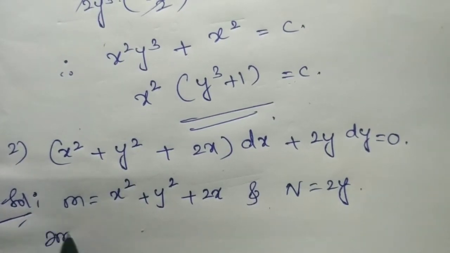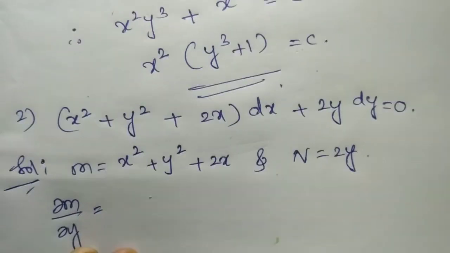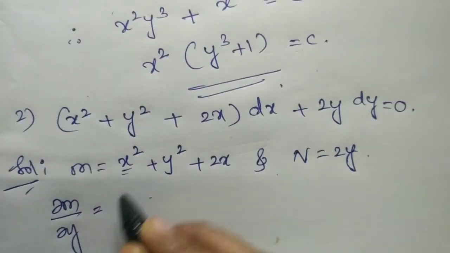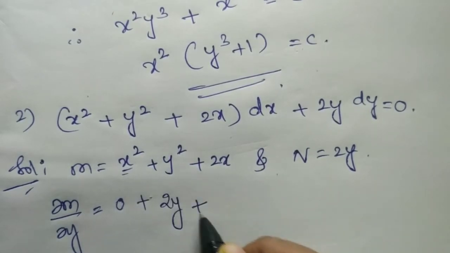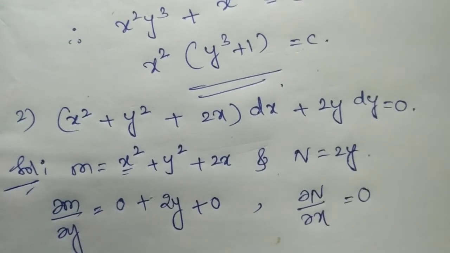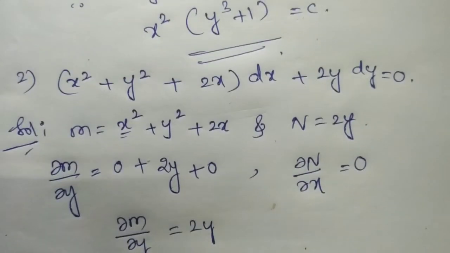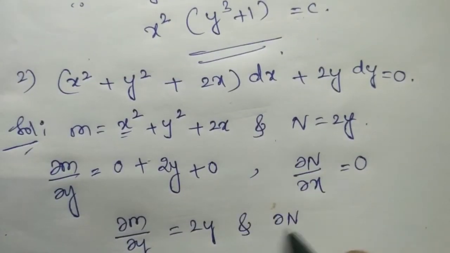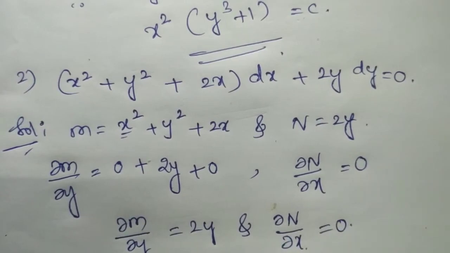Dou M by dou y: here dou M by dou y is 2y plus 0, and dou N by dou x is also 0. So therefore dou M by dou y equal to 2y and dou N by dou x equal to 0.